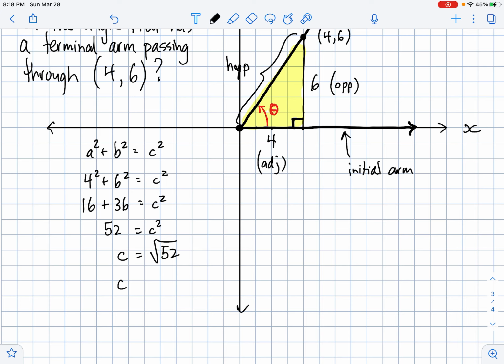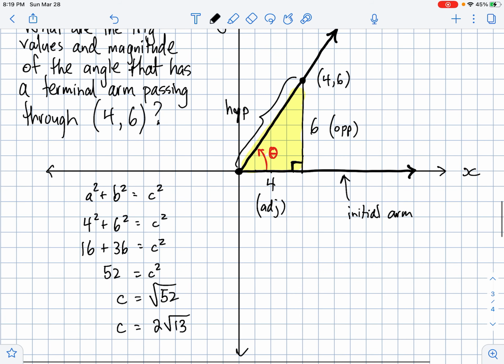So c equals 2 root 13. So that side right there is going to be 2 root 13, and that's the hypotenuse.